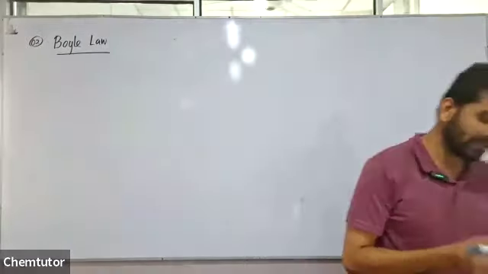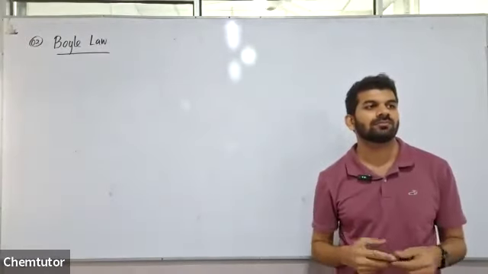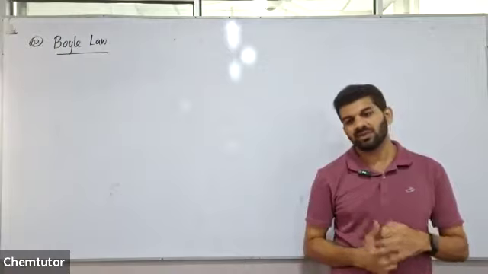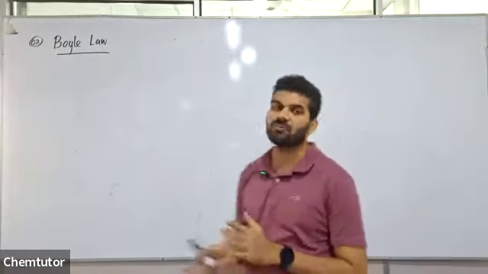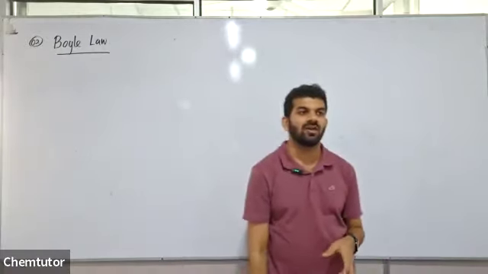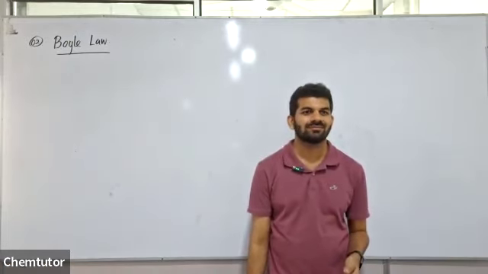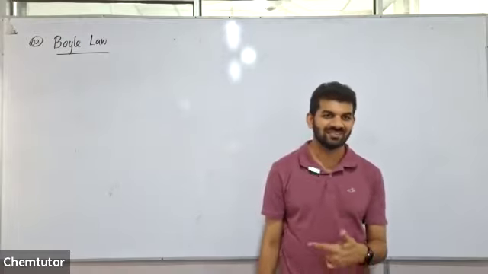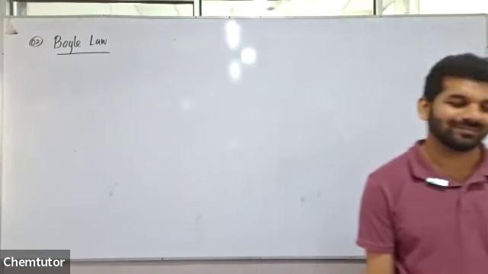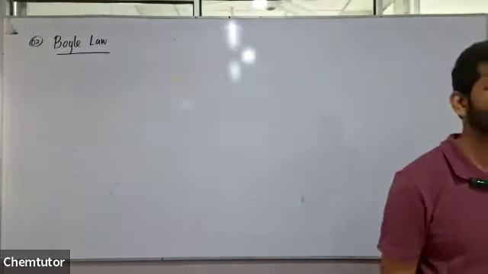So this is also called the pressure-volume relationship, because the relationship between the pressure and volume is given using this law. Why do we call it Boyle's law? Yes, the person who discovered this law was Robert Boyle. His name was Robert Boyle.